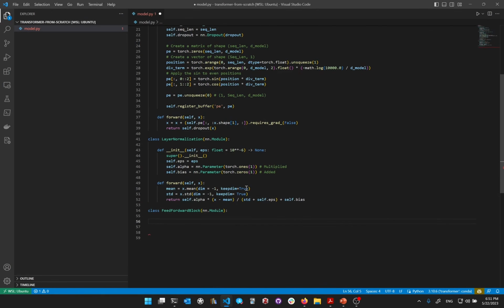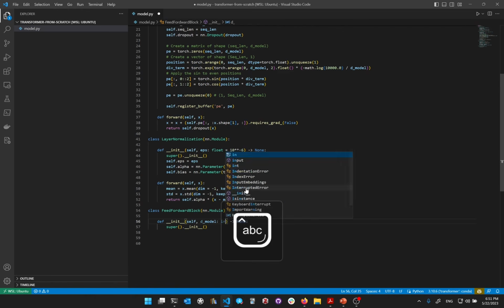We also build, in this case, the constructor. And in the constructor, we need to define these two values that we saw on the paper. So D model, DFF, and also in this case, dropout.